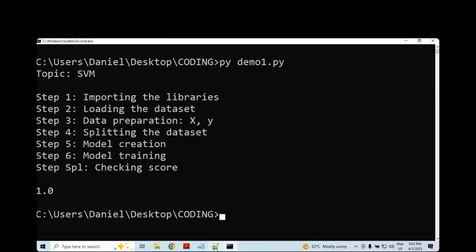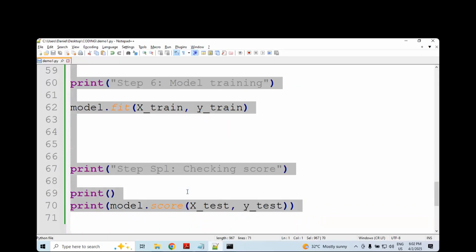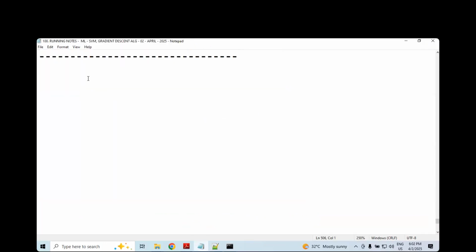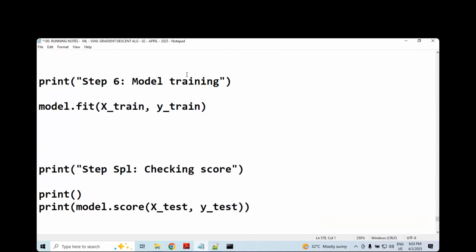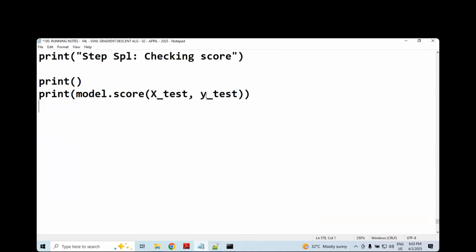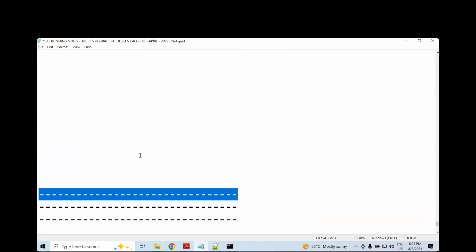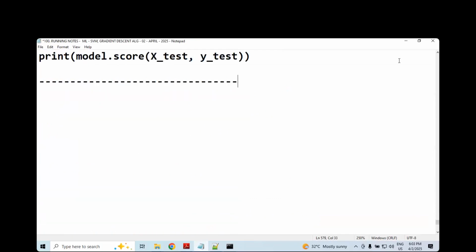Provide random_state and you can try. There is a good question.